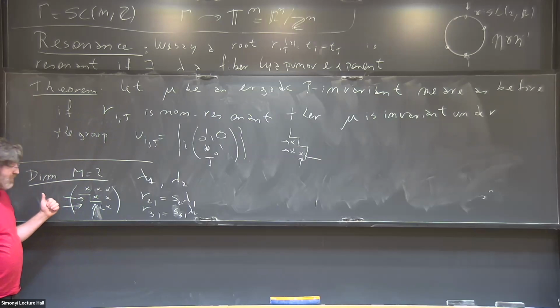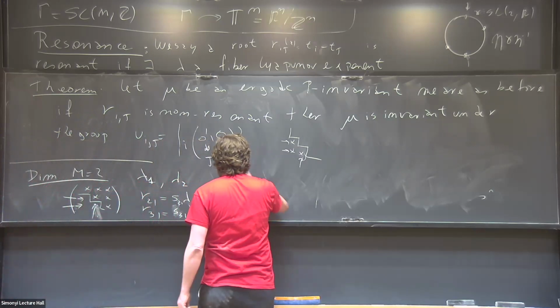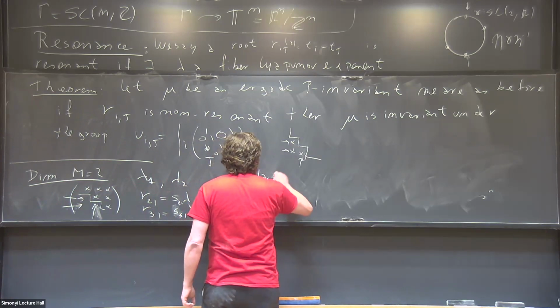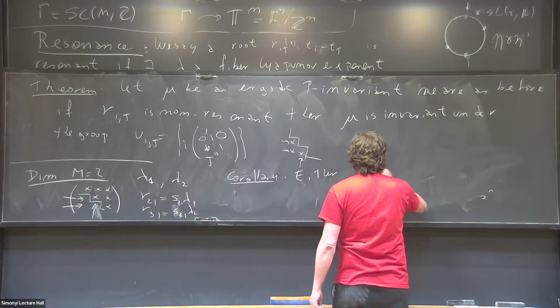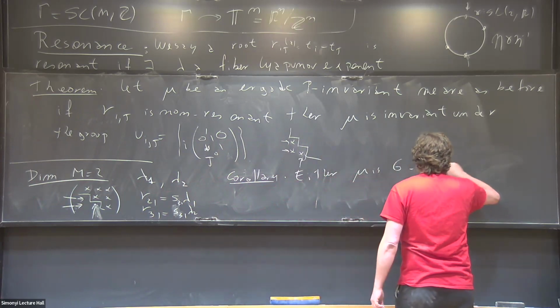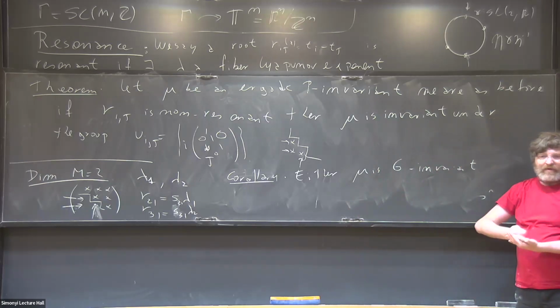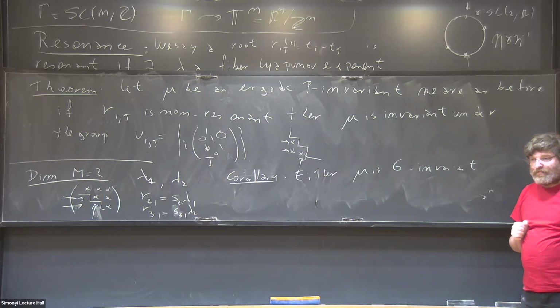So here you get the following dichotomy, a corollary. Either mu is G-invariant, and then you are happy, because you can restrict to the fiber by identity essentially, and get a gamma-invariant measure.